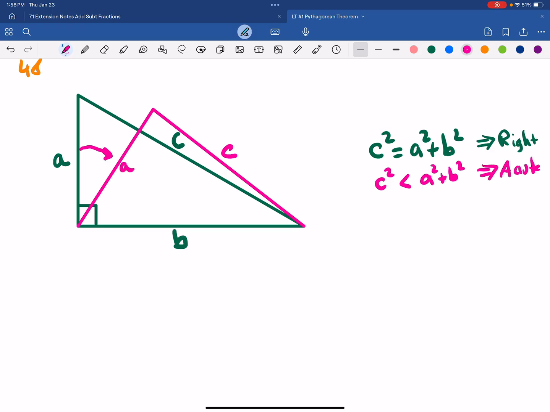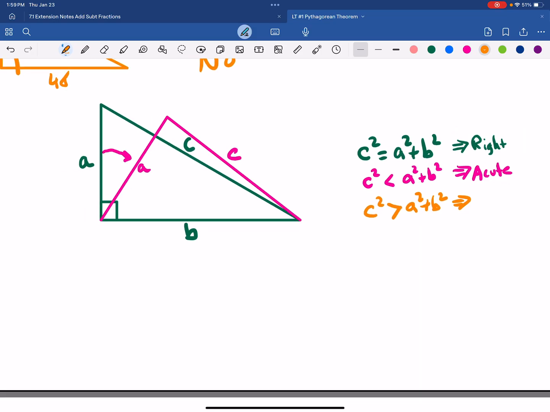So where all three of our angles, oh, that was bad writing, are less than 90 degrees. Now the question is, what if C squared is greater than A squared plus B squared? Let's see what happens here.